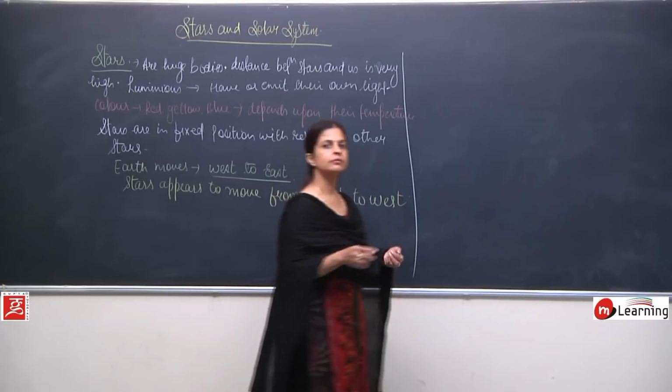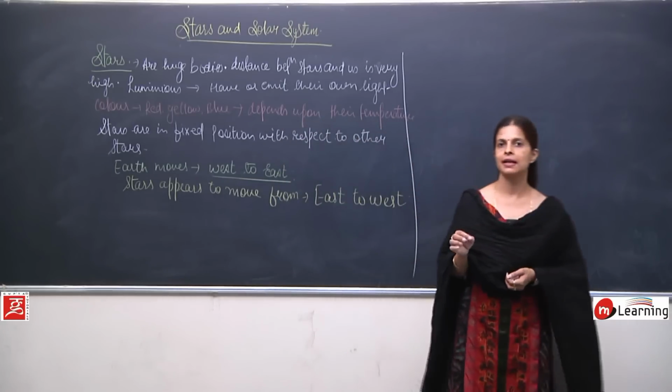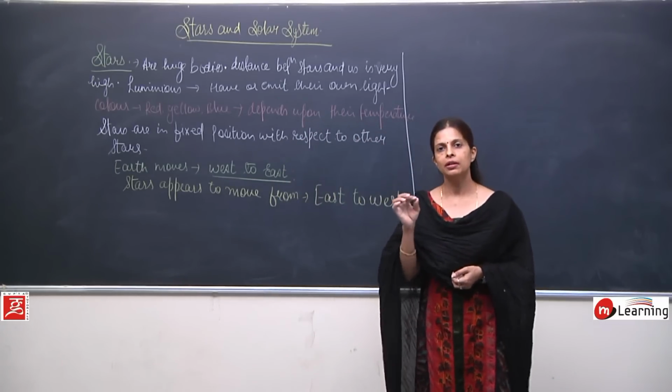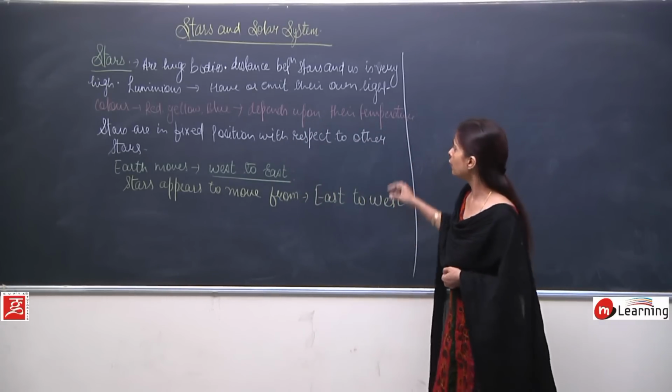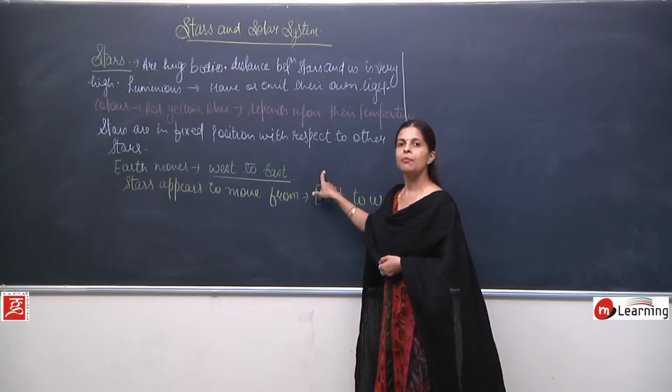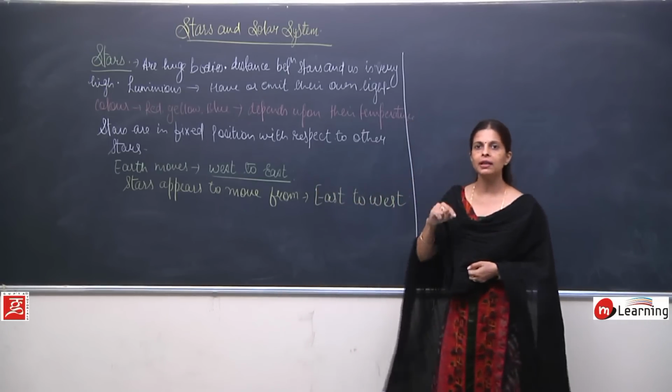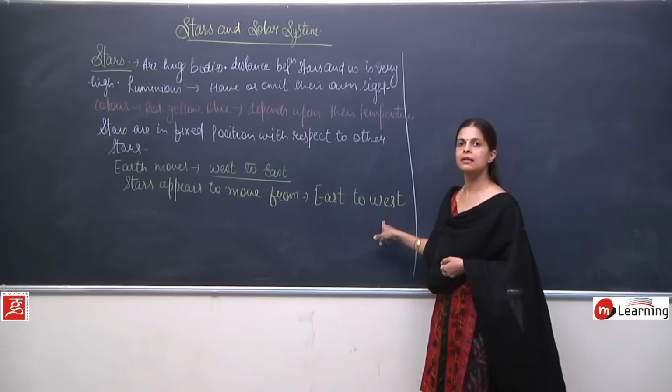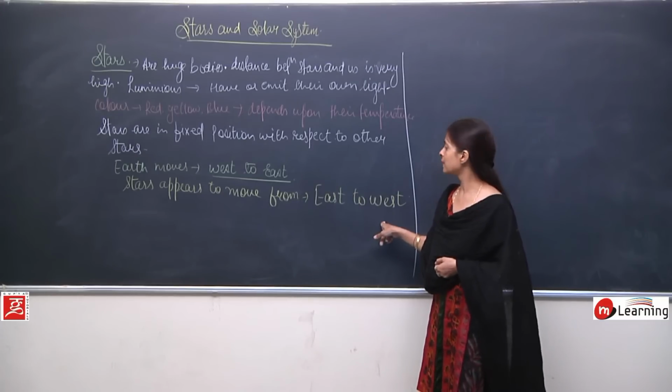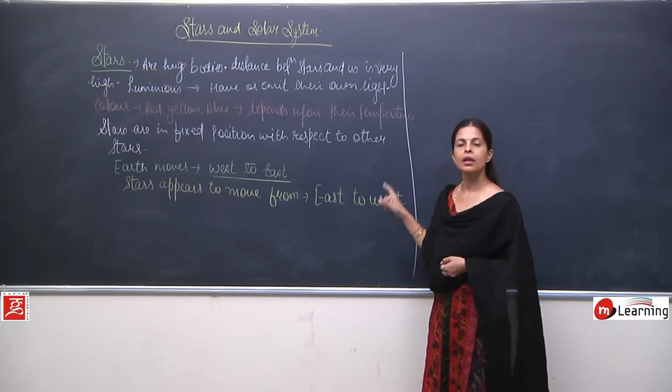In the same way, when we look at the sky, we all know the earth is moving from west to east. But what do we feel? We feel that all these stars are moving from east to west direction. Why?